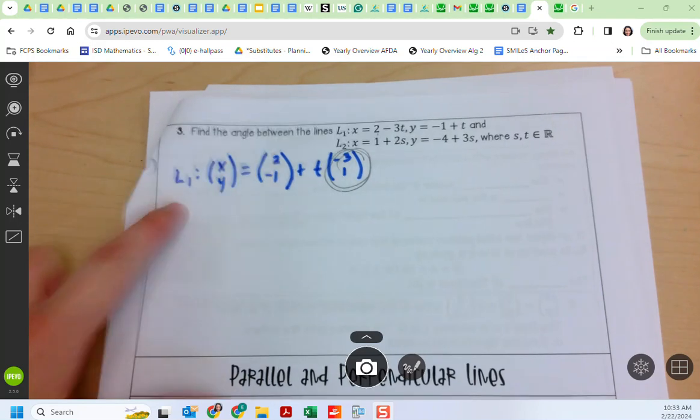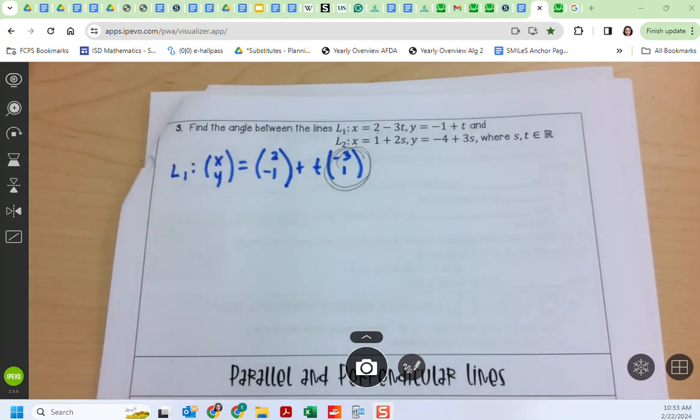Go ahead and write L2 as a vector equation. Yes, Evelyn.